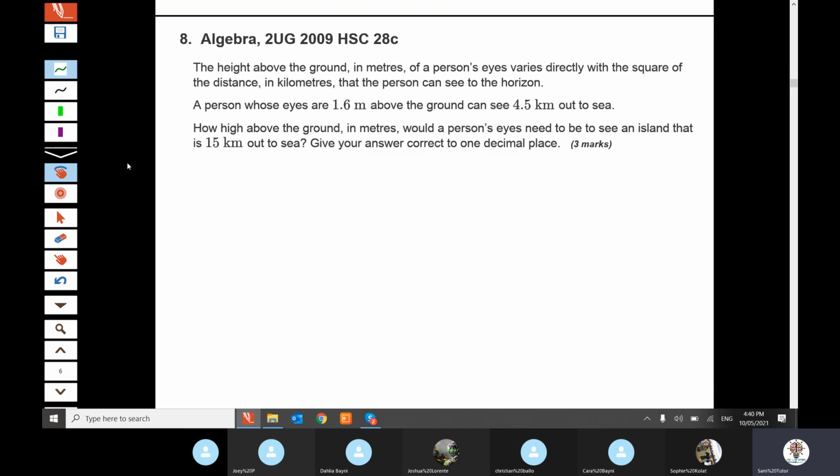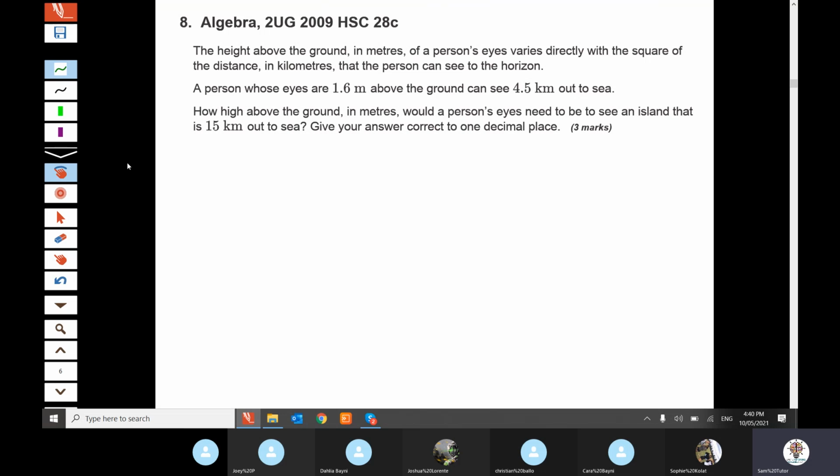28 wasn't that bad. All right, so let's see. The height above the ground in meters of a person's eyes varies directly with the square of the distance in kilometers that the person can see to the horizon. Okay, full stop. What's the equation that we want? So H equals k times D squared.